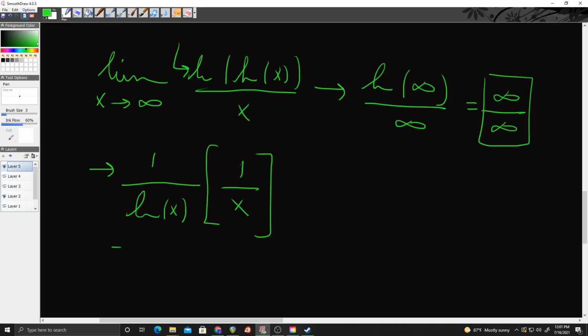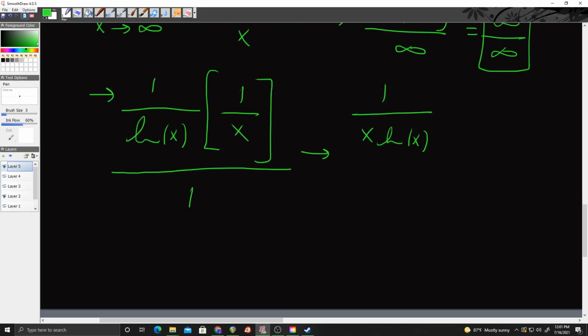There we go. Over, and now the derivative of the bottom, the derivative of x is just going to be 1. So that leaves us with 1 over x natural log x. Good, so there's the expression.